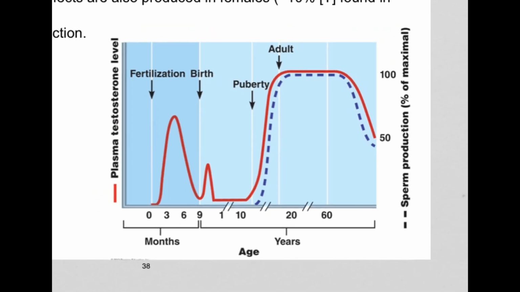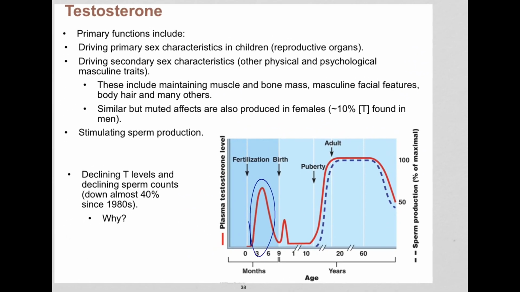The first big surge in testosterone actually occurs in utero around 3 to 6 months gestation. And the purpose there is, this is what's giving you what we'll call primary sex characteristics. That's mostly just reproductive organs. So this is just developing male anatomy that otherwise would have sort of defaulted to female anatomy if the Y chromosome wouldn't have been there to direct that big surge in testosterone.